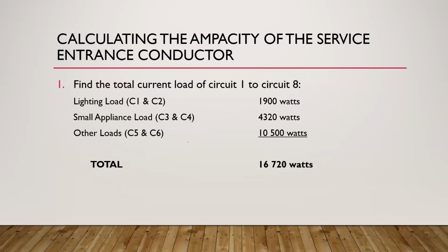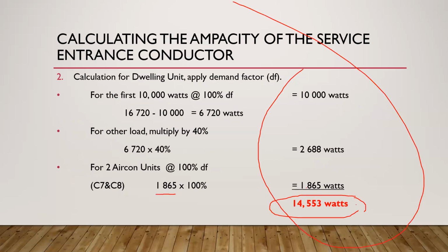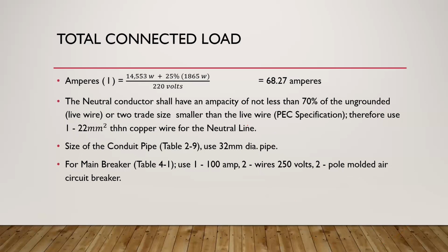So meron tayong total load ng aircon na 1,865, magta-times pa tayo ng 25% dyan. So ito na, 14,553 watts plus 25% ng ating 1,865 watts divided by 220 volts. We have a current load na 68.27 amperes.